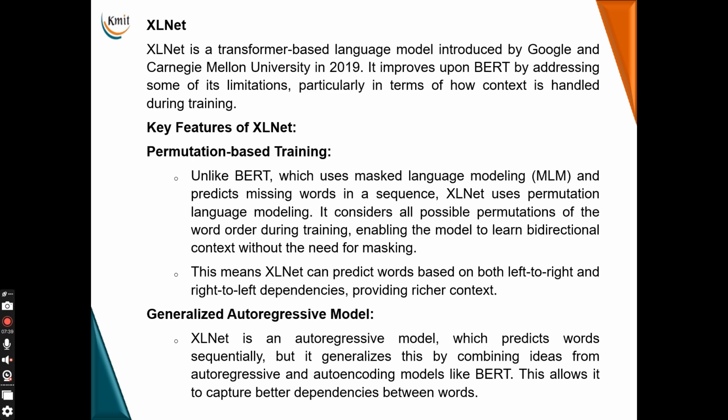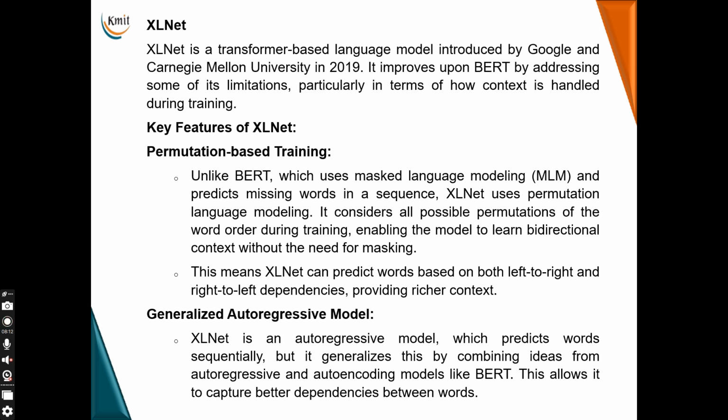It considers all possible permutations of a particular word during the training process, and also it can learn from both directions, bidirectional, and there is no need for masking. So XLNet can predict the words based on both left to right and right to left dependencies, wherein it is giving a richer context understanding compared to BERT.